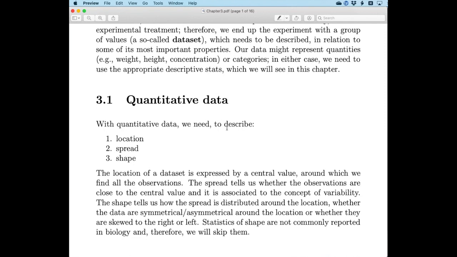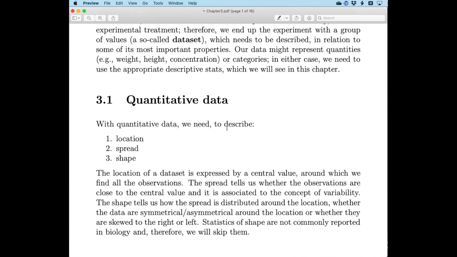We will not talk about the shape because that's not really very often described. So we will only talk about location and spread. The meaning is, I think, clear. So location means where do the datasets stand in the axis of real numbers? We are talking about quantitative data.